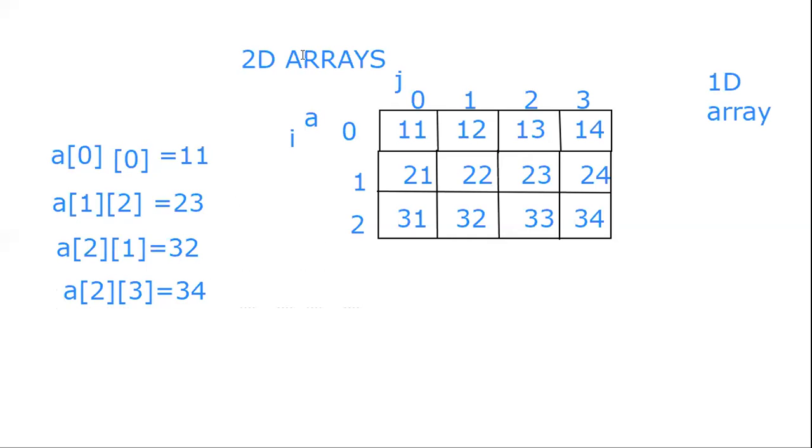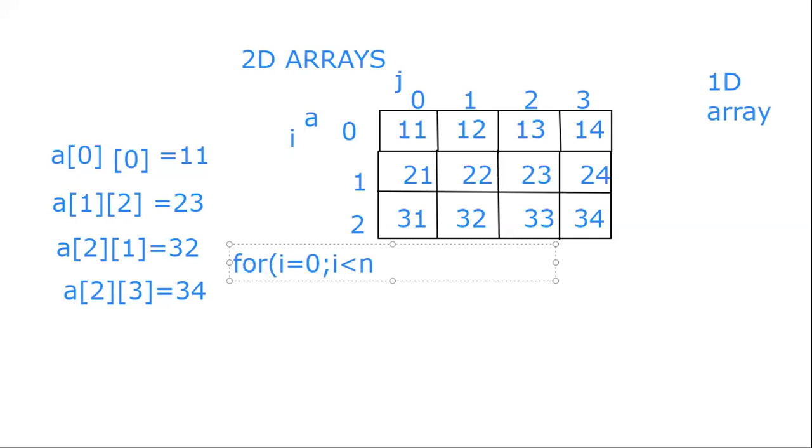Okay, so now let us see. We have seen the 2D array and how to represent it with examples. Now, if we have to take input for a one-dimensional array, we use a for loop, right? We start with the first index, I equal to 0, and then I less than n.